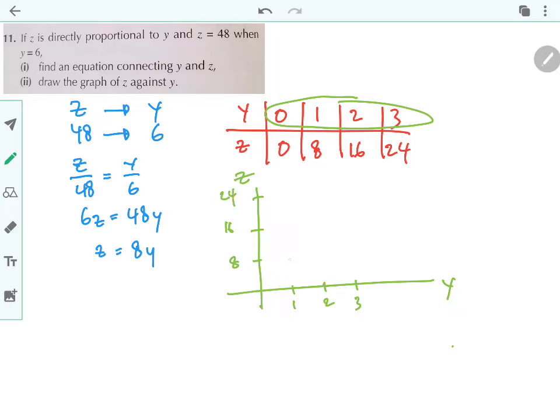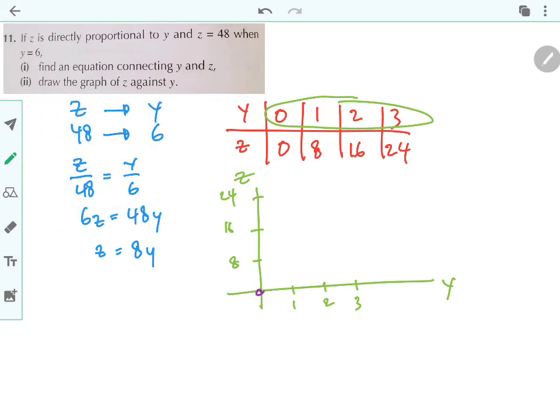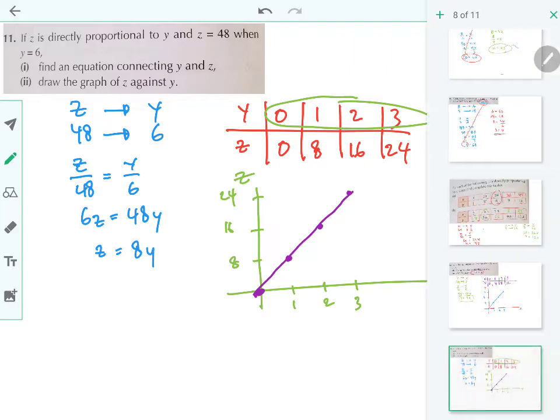Sorry, it's supposed to be 0, 0, and then 1, 8, and then 2, 16, and then 3, 24. Then I just need to connect all the lines there. Okay, we're done with number 11.